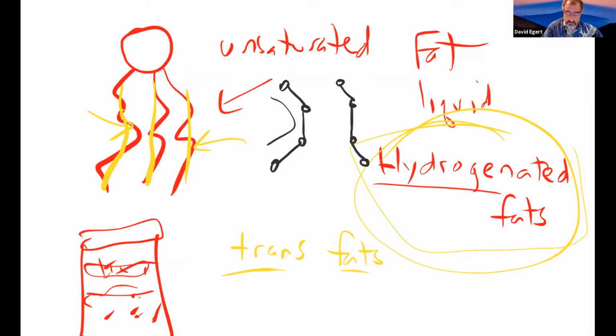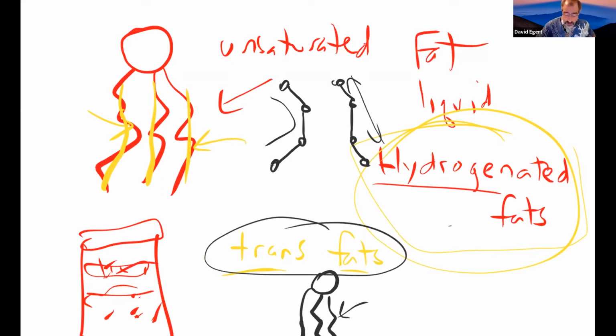This would be a cis conformation if these 2 things are bent to the same side. This is a trans conformation if they're bent to opposite sides. So trans fats are fats that have kinks or bends in their tails that are not naturally occurring fatty acids. So in this process of hydrogenation, they created fats that had bends in them that were not things people would normally see just eating normal foods.